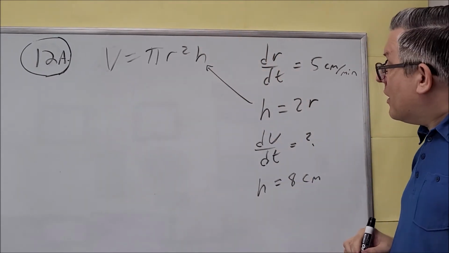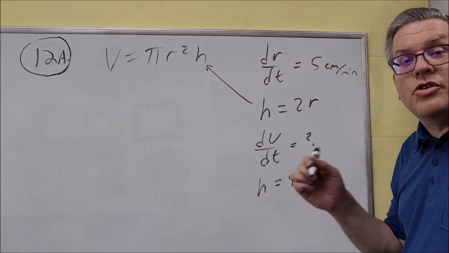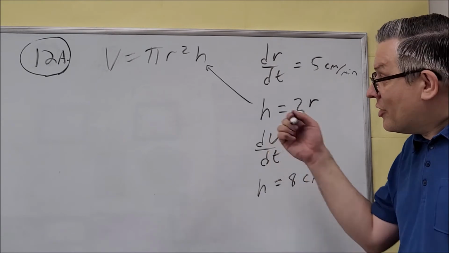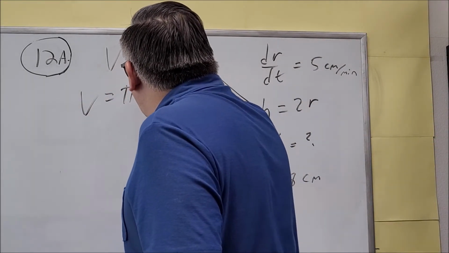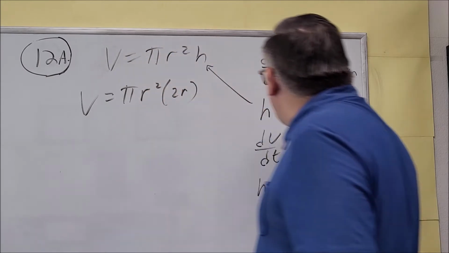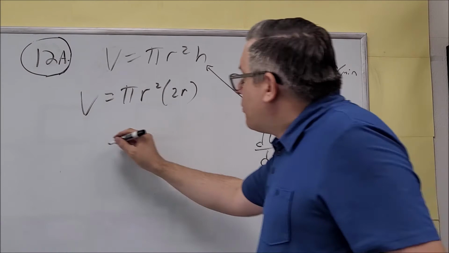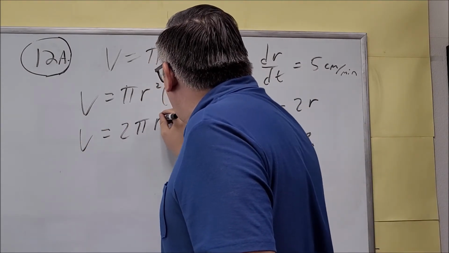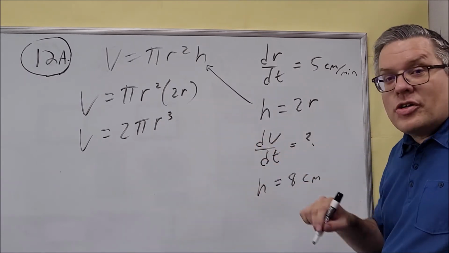You can make that easier if you make a substitution first, then you can avoid using the product rule because you no longer have two variables. So we're going to do V equals pi r squared, and a 2r is going to go in there instead of h. When you multiply it, you get 2 pi r cubed. And that's your main formula that you're going to take the derivative of.